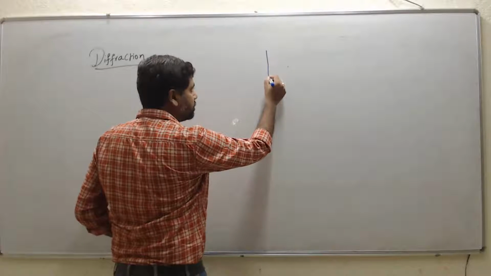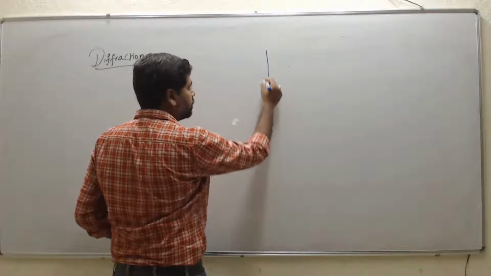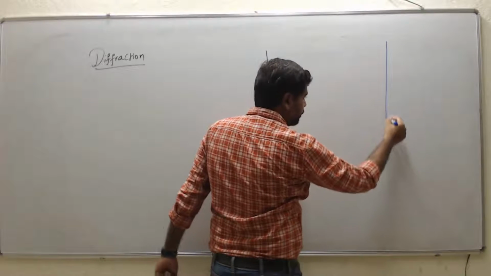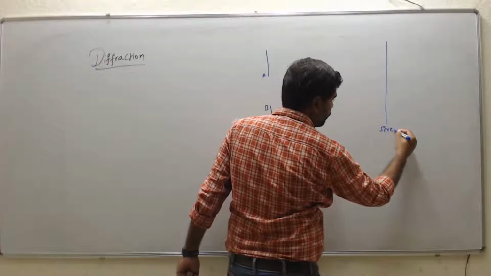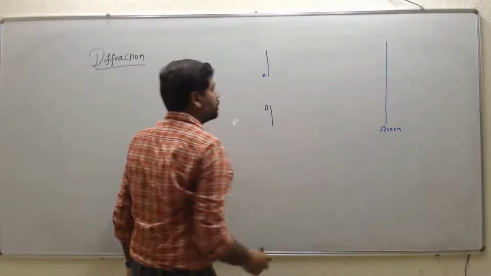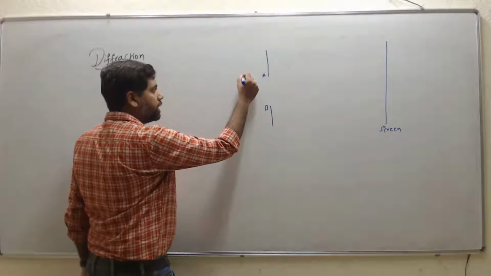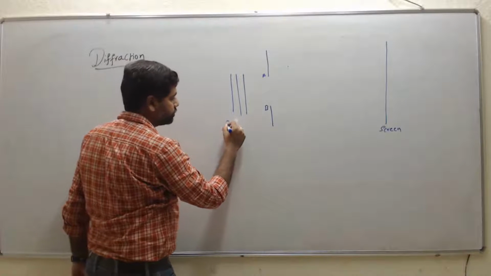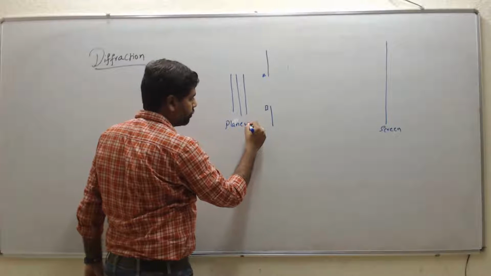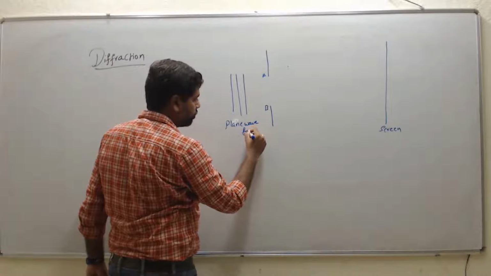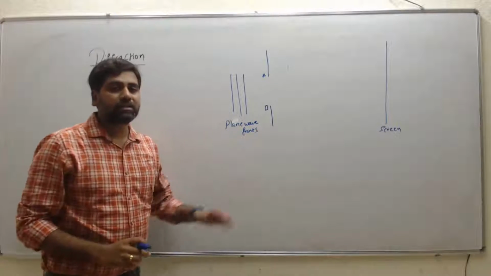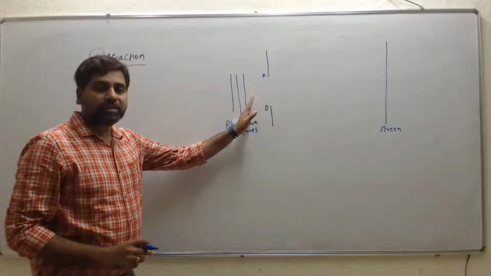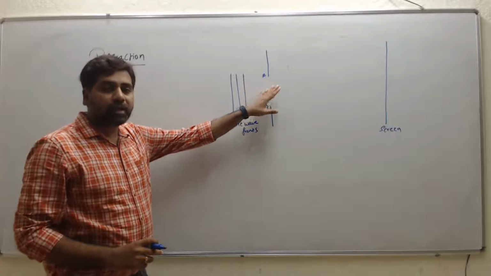Considering one slit, AB is the slit here and the screen is there. These are the plane wavefronts. When they strike the slit AB, the points in this plane wavefront act as sources for secondary disturbance.